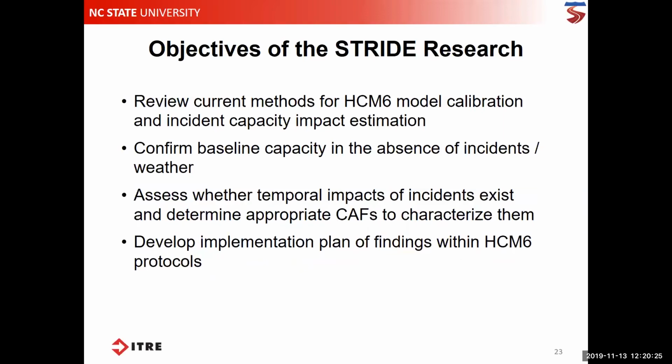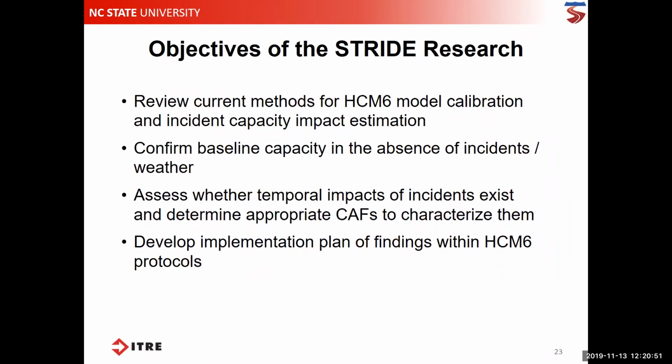I'm going to start with the objective of our STRIDE project, which was to review the methods for calibration of the model in HCM, focusing on how we are modeling incidents and what the capacity impacts are on the analysis. We also confirm baseline capacities in the absence of incidents and any other non-recurring source of congestion, to see if they are making sense or not.